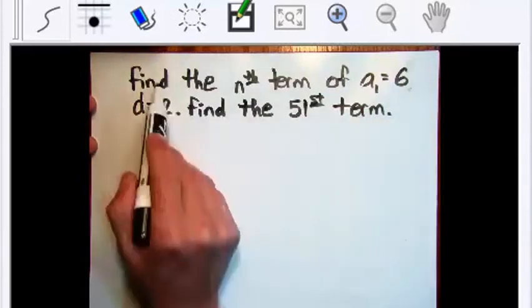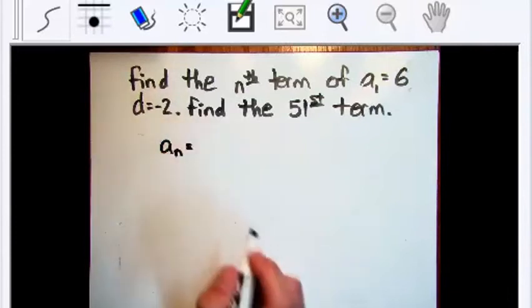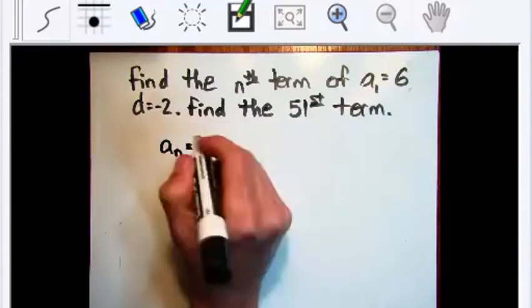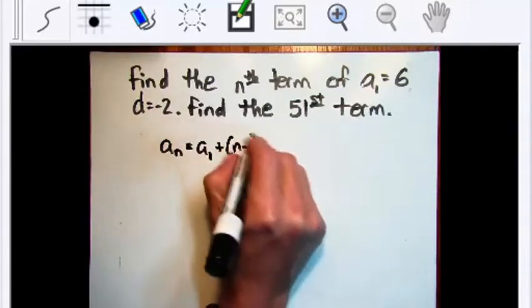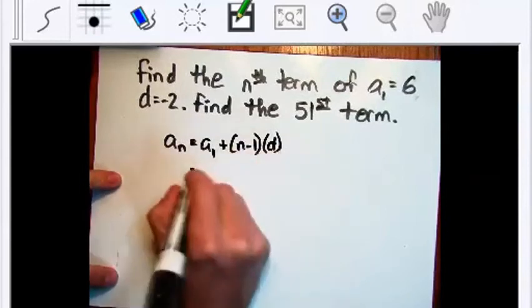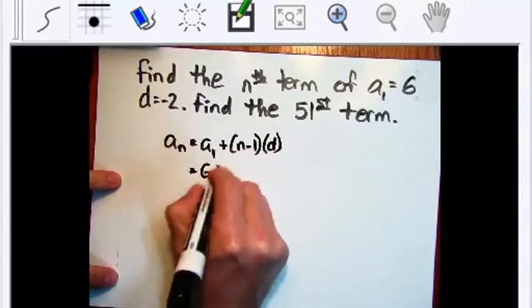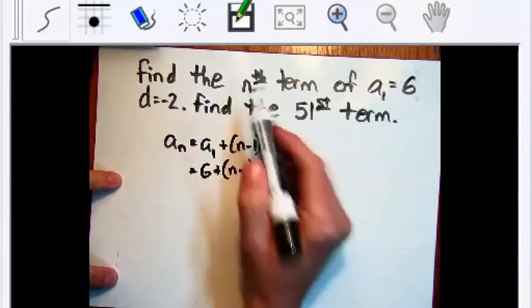When it says find the nth term, I'm finding the little expression for the sequence. So let's put this guy back up here. That's the one I wrote earlier. A sub 1 is 6. My n value is just going to stay n because it asks for the nth term.